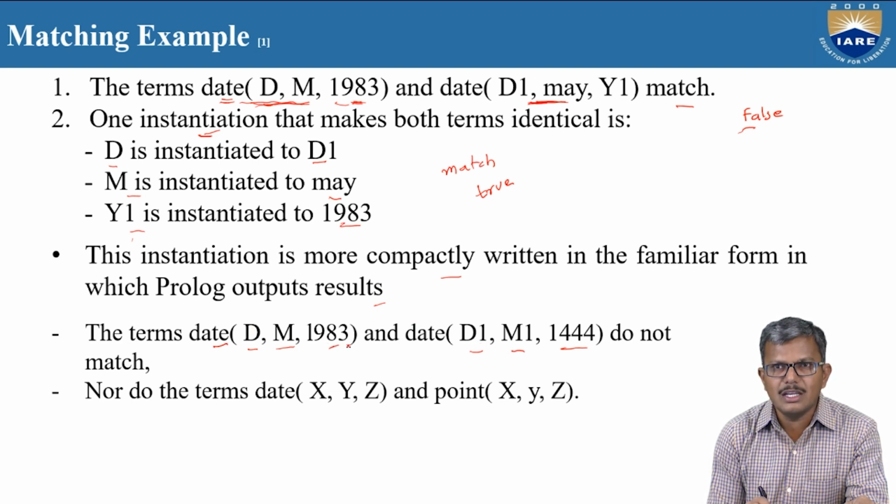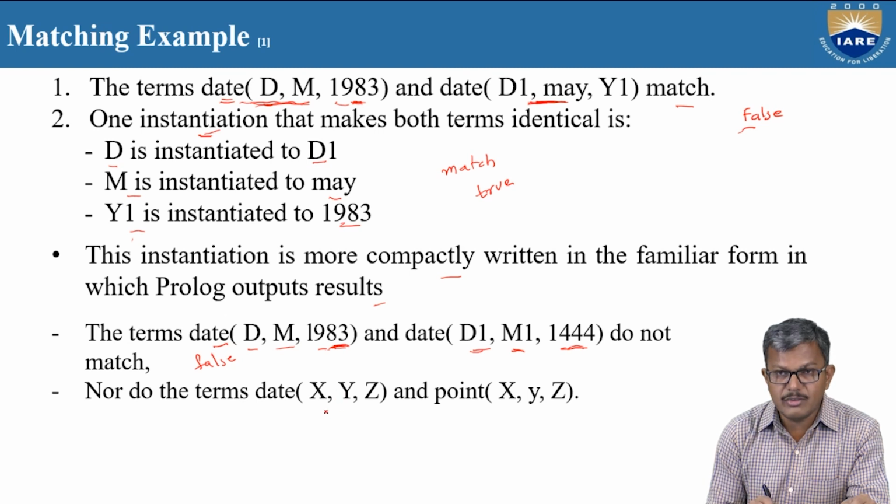But 1983 is a number, and a number cannot be instantiated with another number. Also, these two numbers are not the same; 1983 is not at all the same as 1444. So even though D and M can be matched with D1 and M1 after the instantiation, it is not possible with 1983 and 1444. So we say that the match is unsuccessful and the answer we are going to get is false.